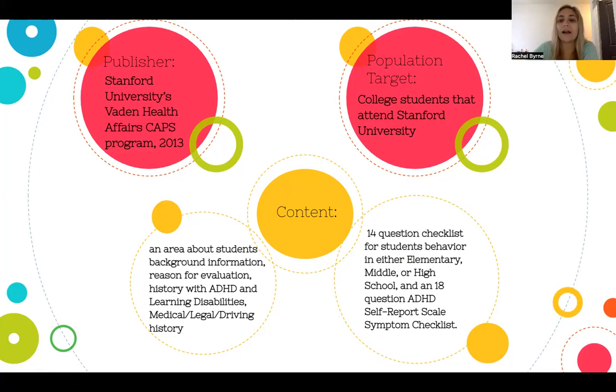It provided a question checklist for students' behavior in either elementary, middle, or high school, and it was a questionnaire that had 18 questions, a symptom checklist that you could go through to see if the student had ADHD.